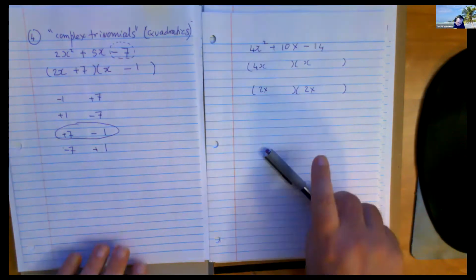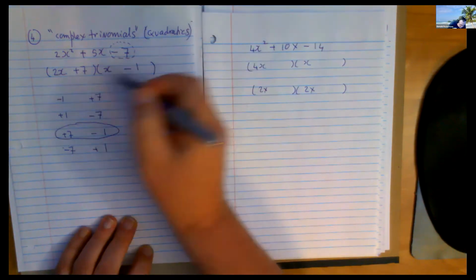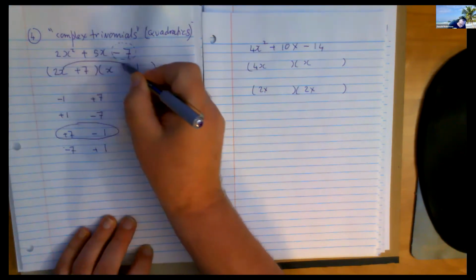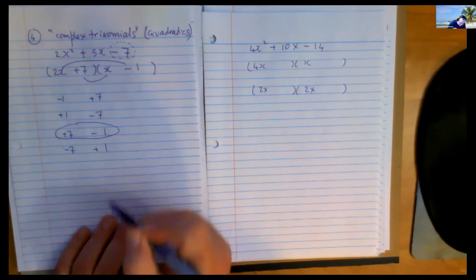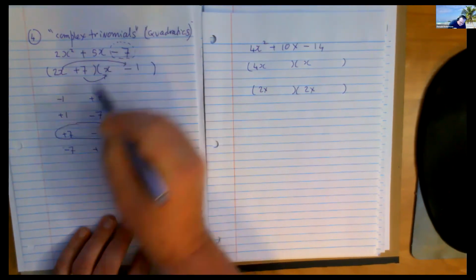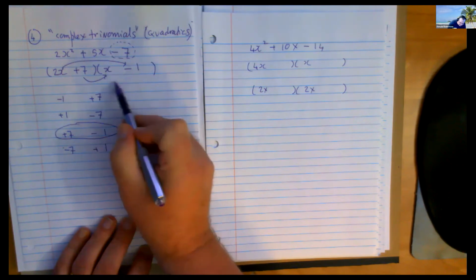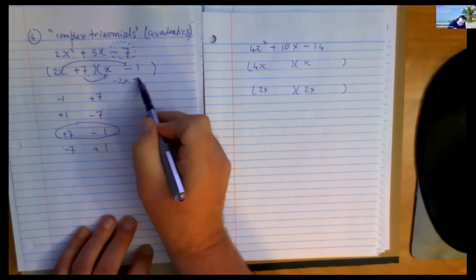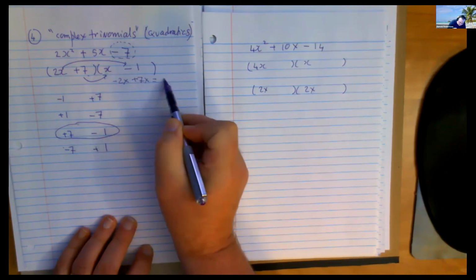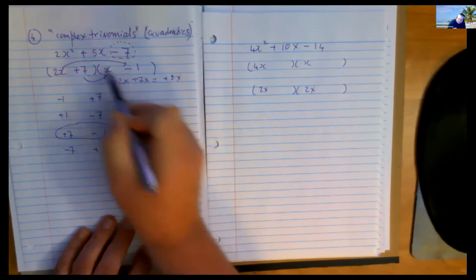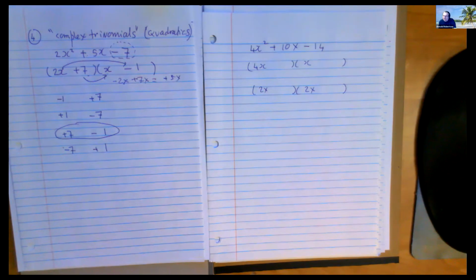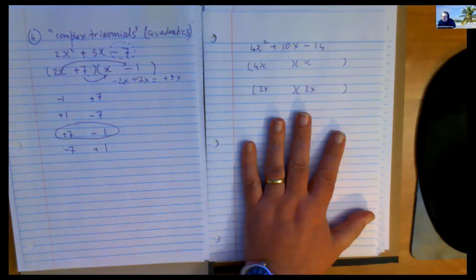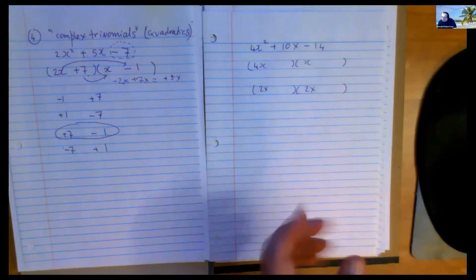So to reduce my workload, I only focus on the O and the I. Let's see what that gets me. 2 times that is -2x, and that one is +7x. Does that get me +5x? Yes, that was the right answer. You see how that works? You pick a choice and then you do a quick multiplication just to double check it.